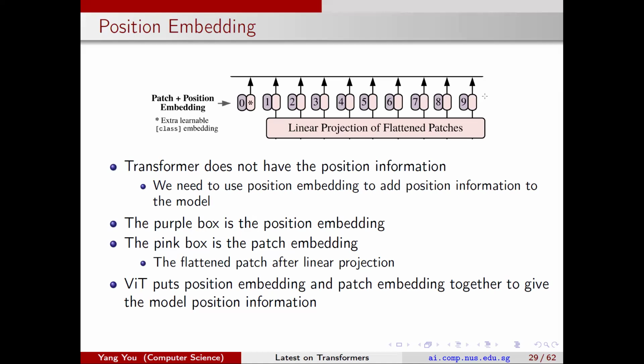But for images, they are actually not equal; they have order and position information. That's why we add the position embedding, to give the model position information.